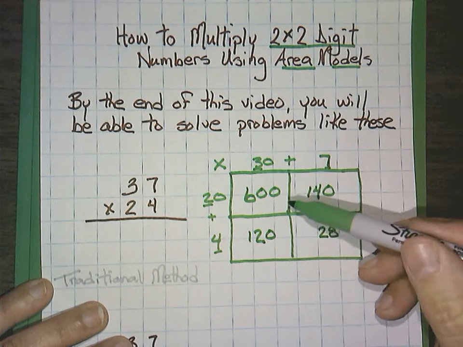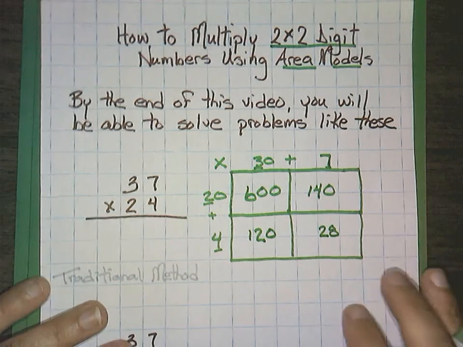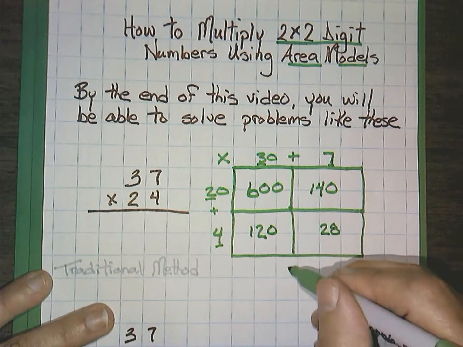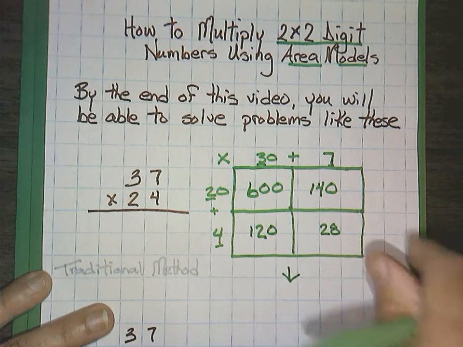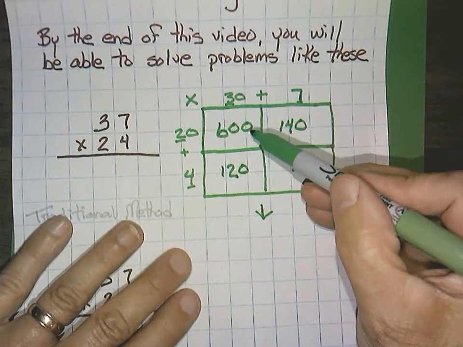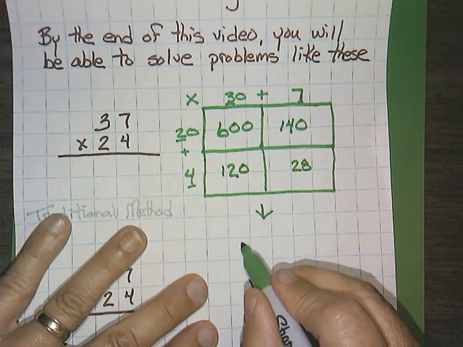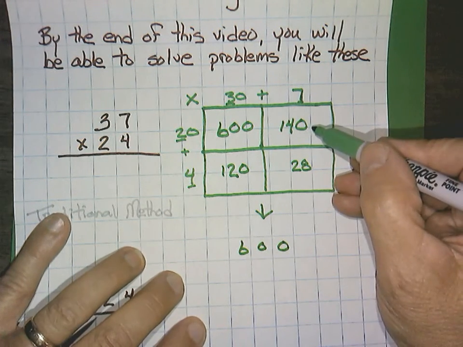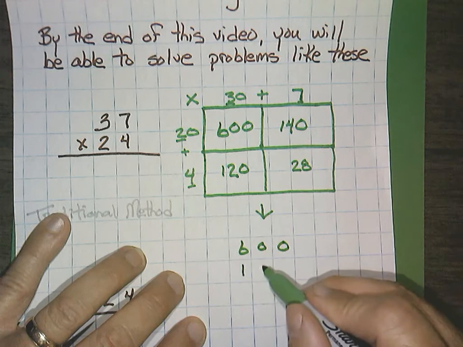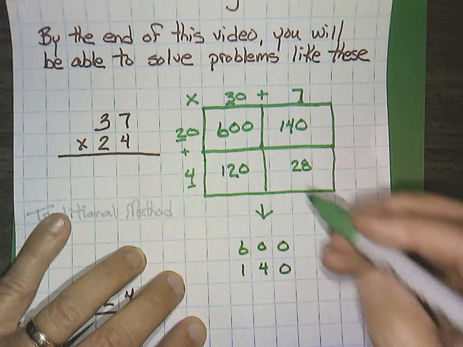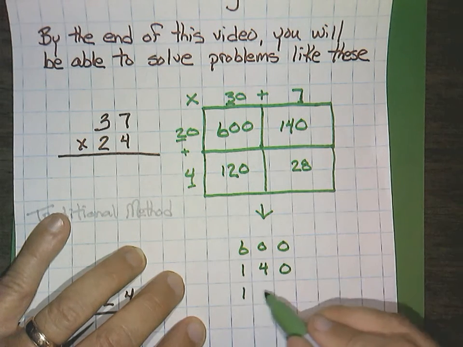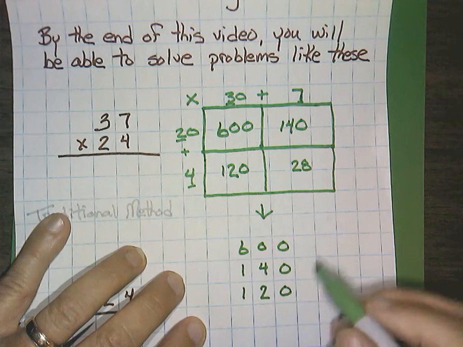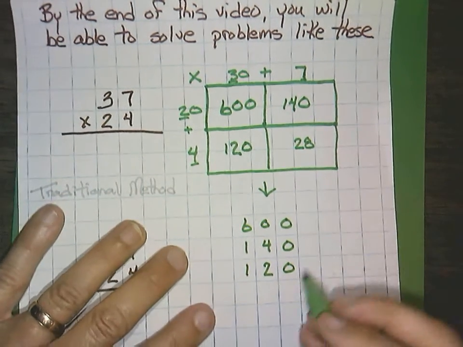So we have our 4 products, and now the next step would be to add, which I'm just going to show down here. I'm going to scooch this up a little bit. So we have 600 plus 140 plus 120 plus 28.